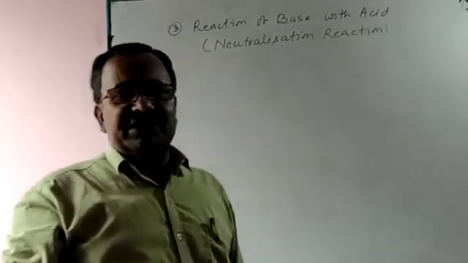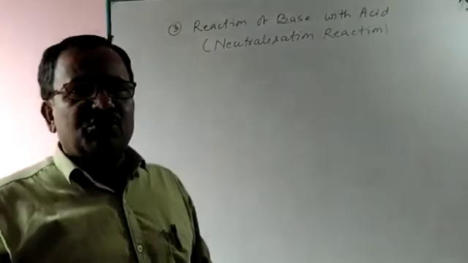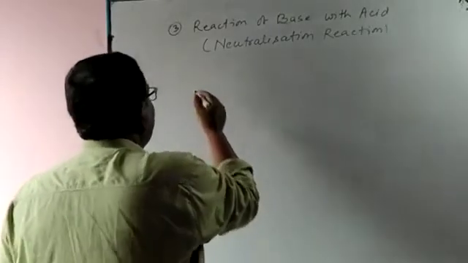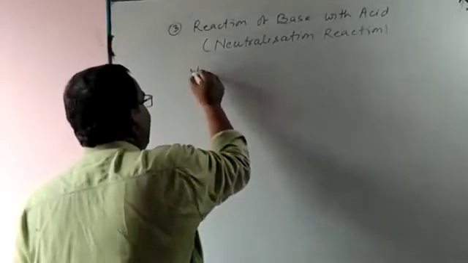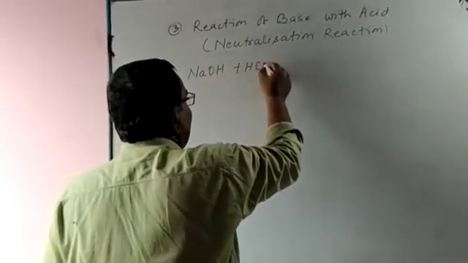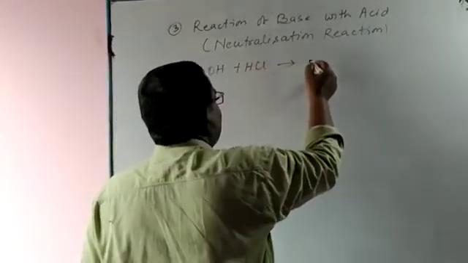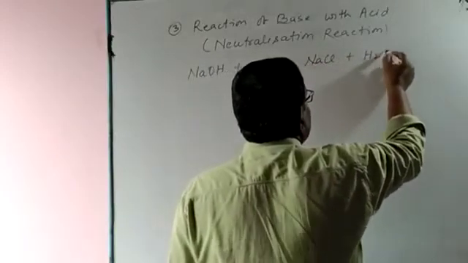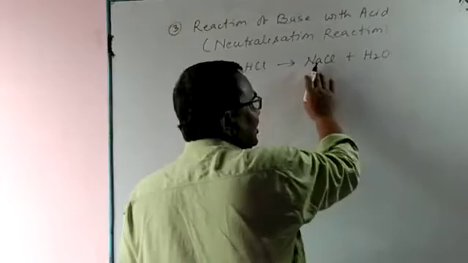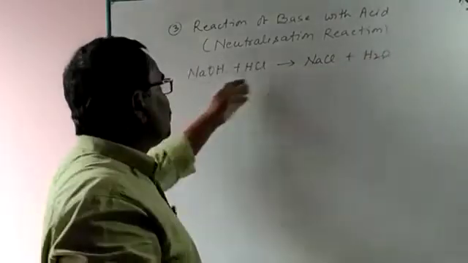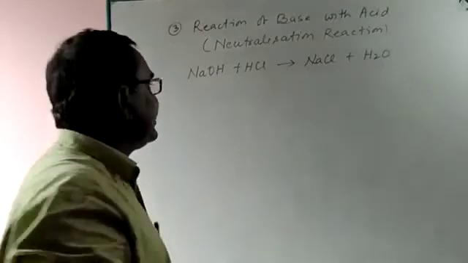Bases combine with acid very fast to form salt and water. For example, sodium hydroxide combines with HCl to form sodium chloride and water. It is a neutral salt and water is also neutral. So it is also known as neutralization reaction.